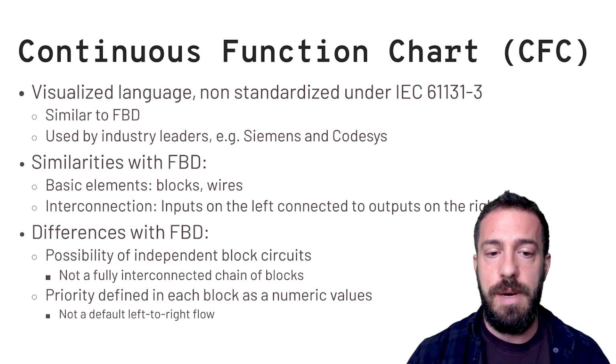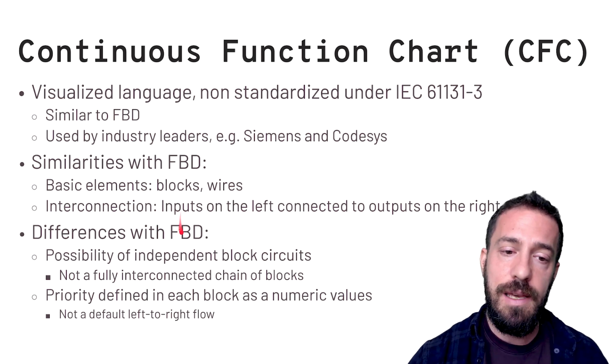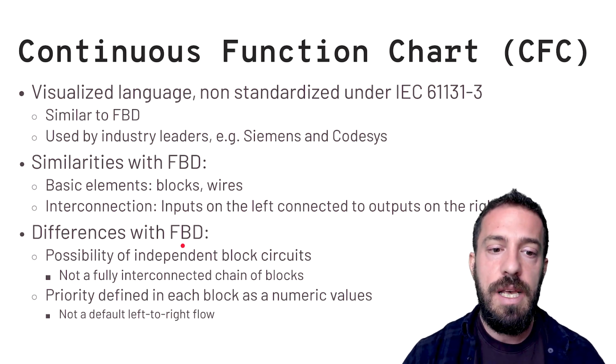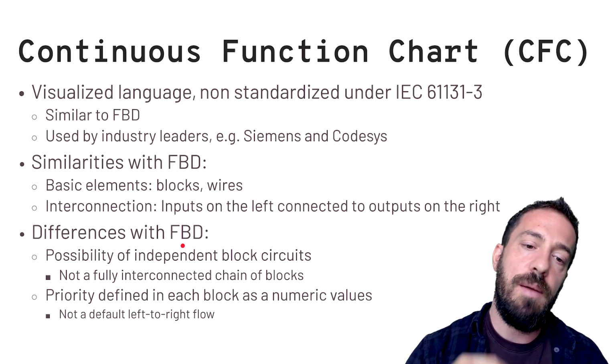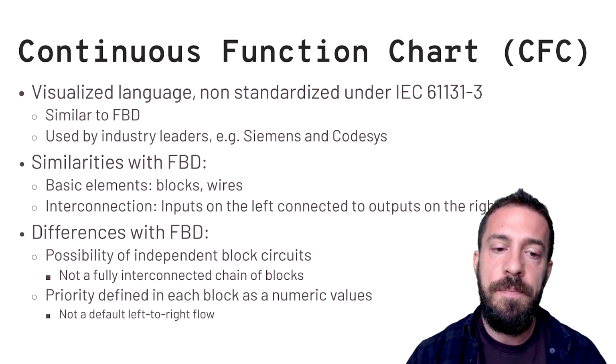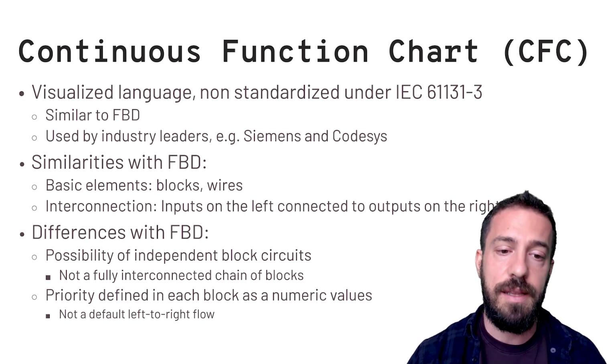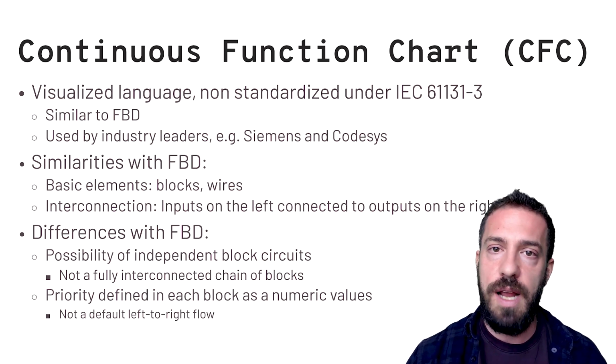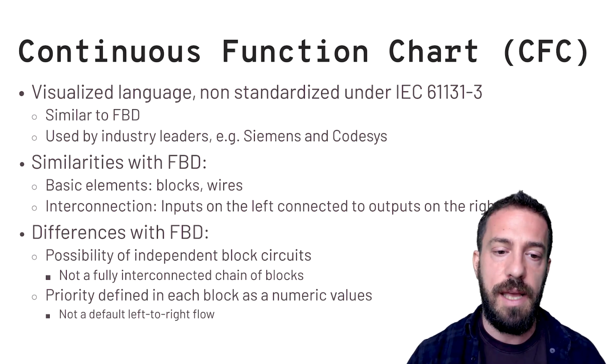But what's different is that, unlike the function block diagram, you may have independent block circuits. In a function block diagram, you have one chain that should be fully interconnected. Here, you may have independent ones, and you don't have to have them connected at any point.